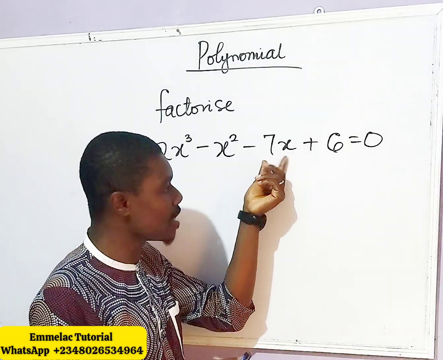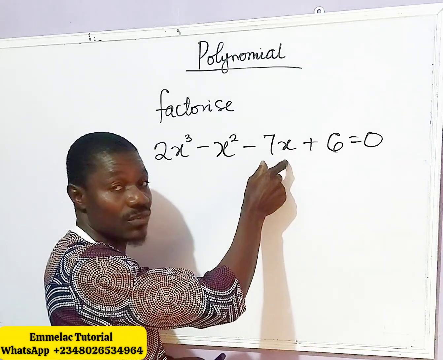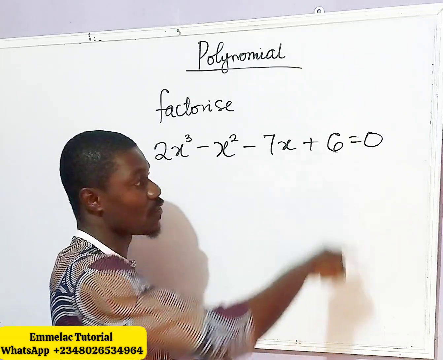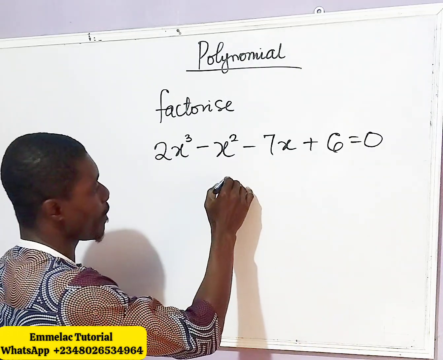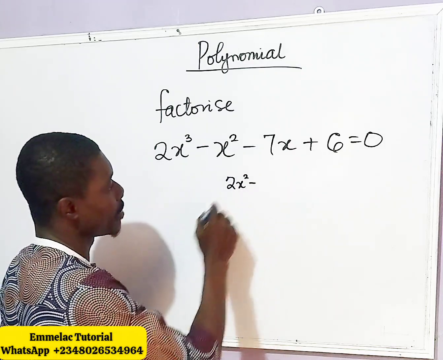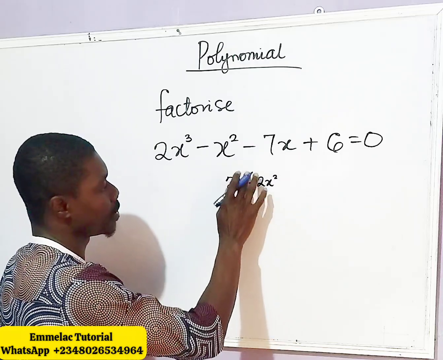The same thing here: two terms which when we add will give us negative 7x, and one of the terms must have a coefficient of what? 6.